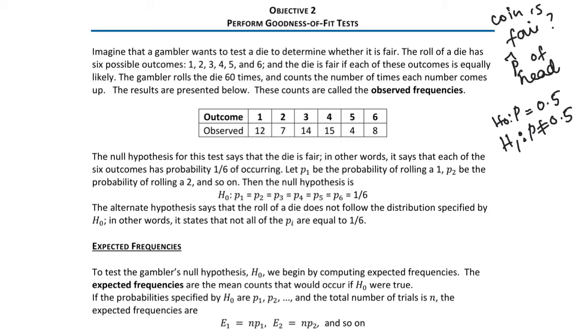The test for the population proportion is designed for experiments with two possible outcomes, such as the toss of a coin. Sometimes we work with experiments that have more than two possible outcomes. For example, imagine that a gambler wants to test a die to determine whether it is fair.